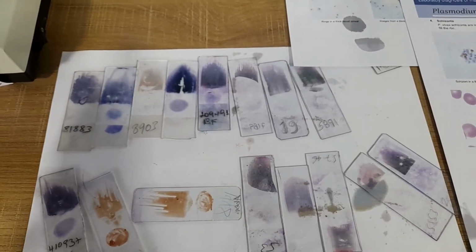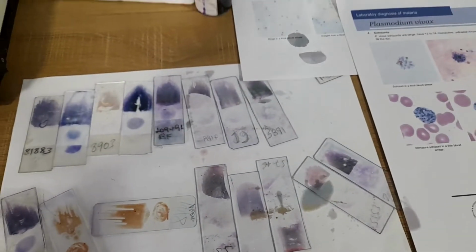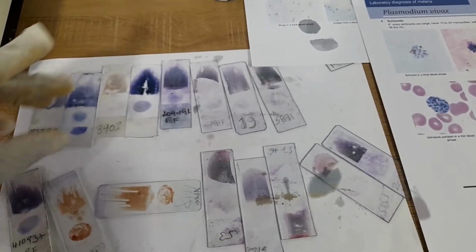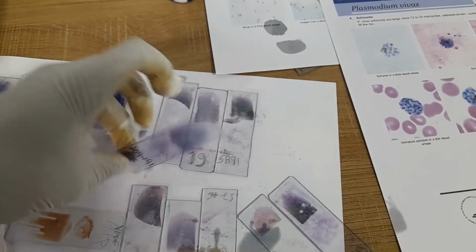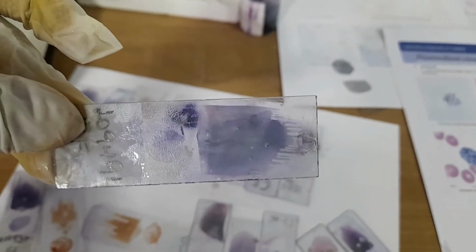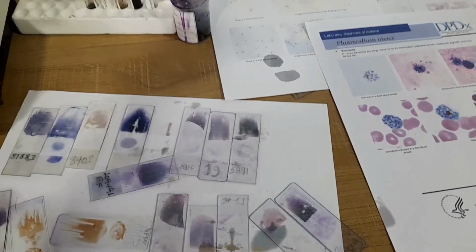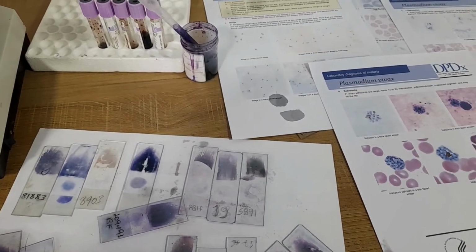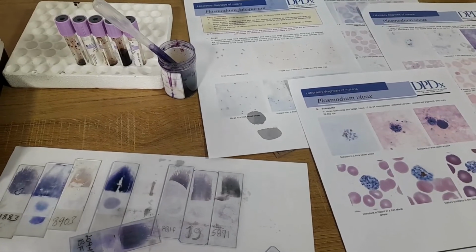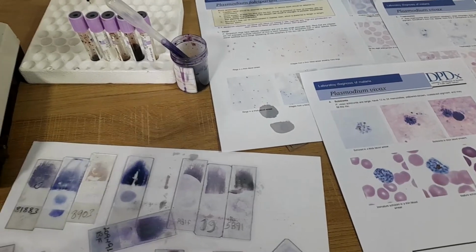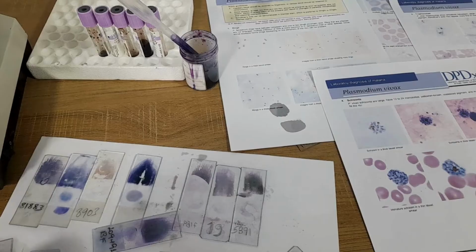Then we dry the prepared smear, put oil immersion on the smear, and observe it under the 100 times oil immersion objective. Then we will observe both the thick and the thin smear.